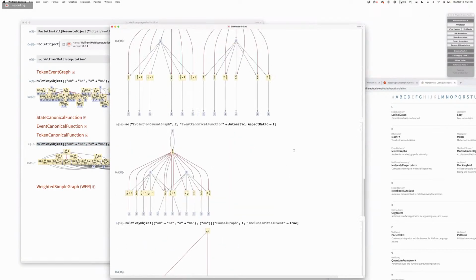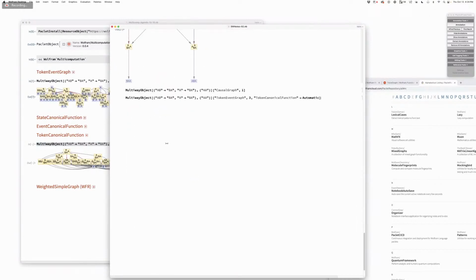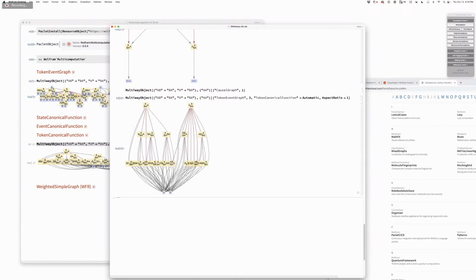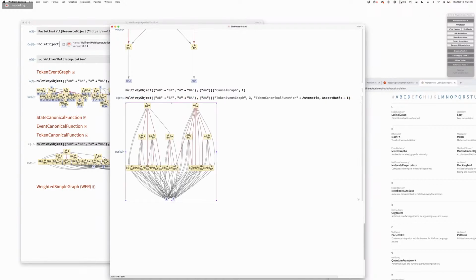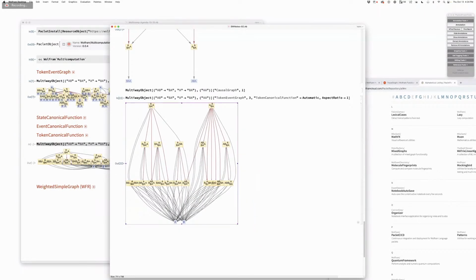I couldn't name it the same way. Sorry, I don't understand this. What are you saying here? Well, the token event graph is just taking, for example, the evolution causal graph or something like that, and decomposing a state into tokens. Because everything is hypergraphs, it just decomposes it into hyperedges.